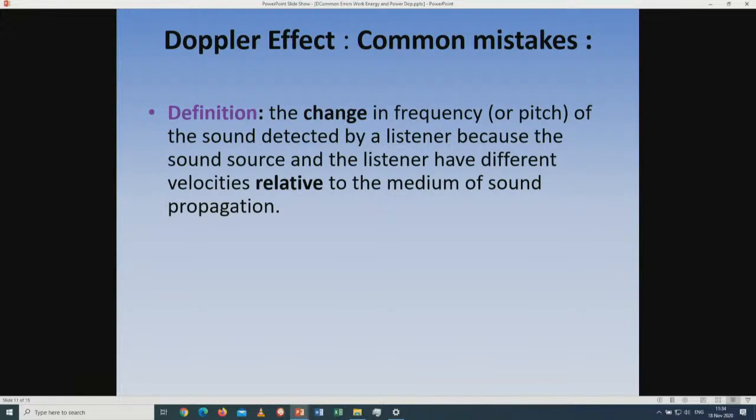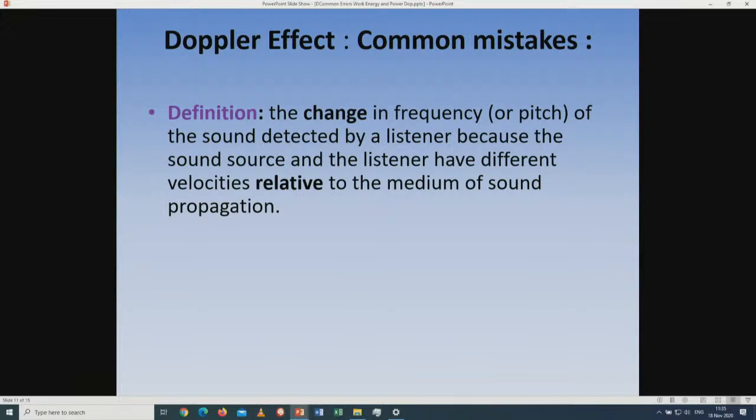The first is the change in frequency. Very important: change in frequency. And then the second mark is on the fact that the listener and the source have different velocities relative to each other.